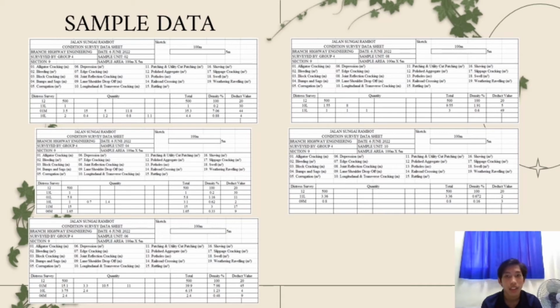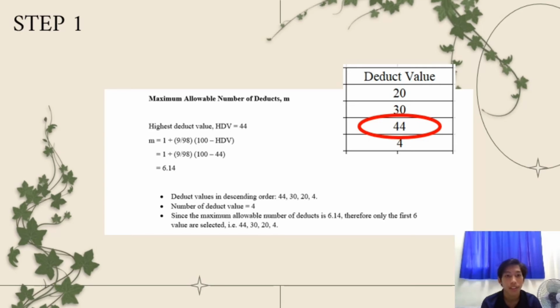Next is deduct value. We can get the deduct value by referring to the graph for each distress, also in ASTM. So step 1, we need to find the maximum allowable number of deducts.